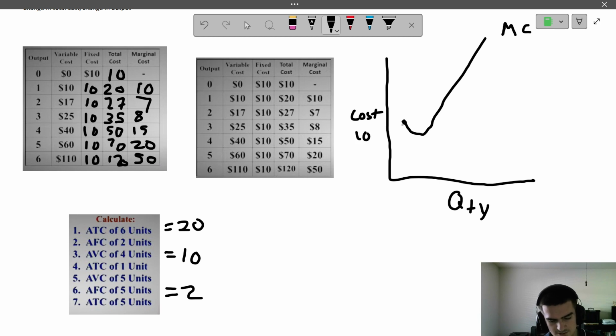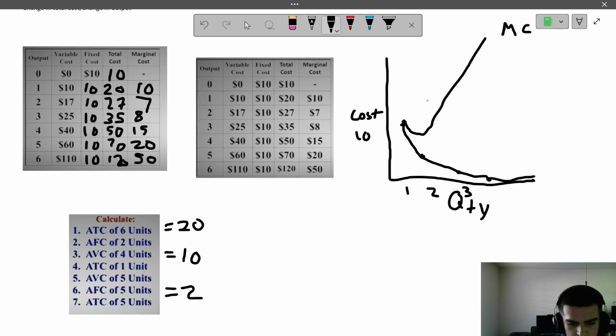At unit 1, our average fixed cost is 10 divided by 1, which is 10. At unit 2, now it's 5. At unit 3, it's 2.5. Unit 4, it's 1.25, and so on and so forth. So it approaches 0.